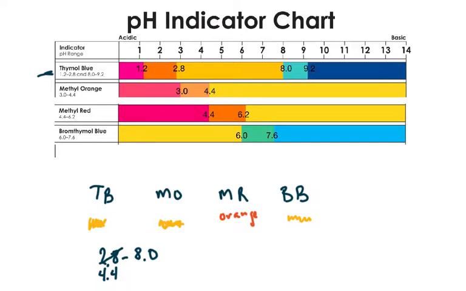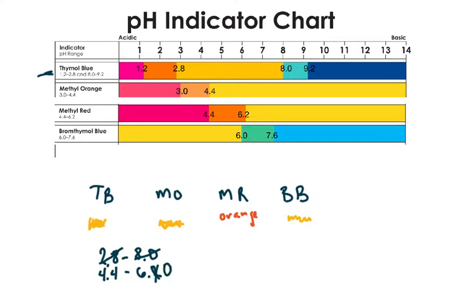Methyl red is orange, which means my range is now narrowed down to between 4.4, so that stays the same, and 6.2 instead of 8.0. So I can write to 6.2. And then my final one, my bromethymol blue is also yellow, which means instead of 6.2, it is 6.0.